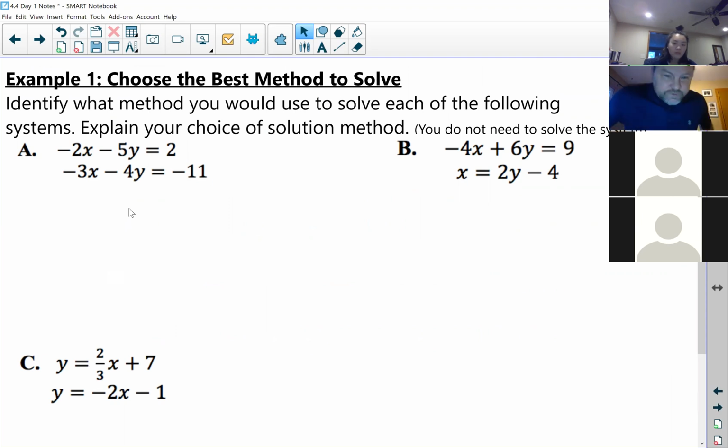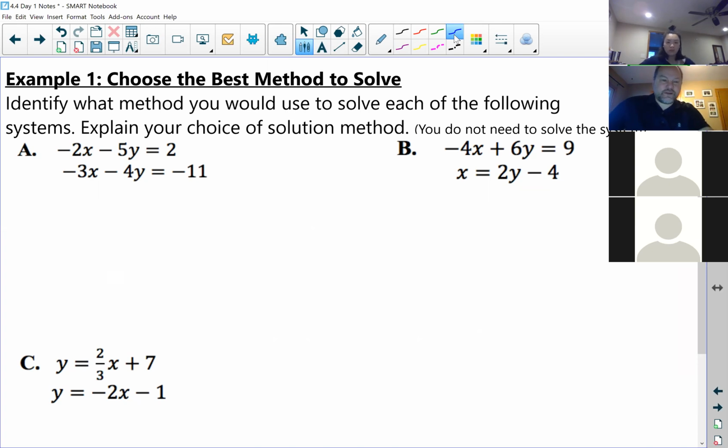I'm not saying substitution wouldn't work, but we would have to solve either the first or second equation for one of our variables. Likewise, I could graph it, but the way it is right now, there's going to be more work with substitution or graphing. There's some work with elimination too, but probably a little less.